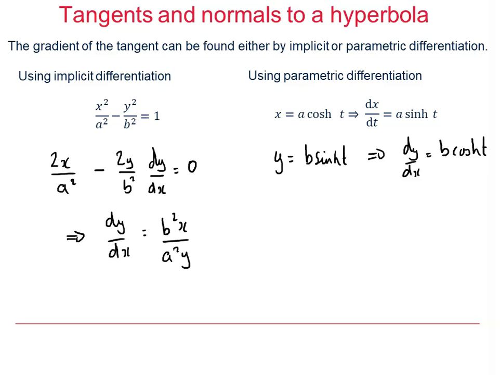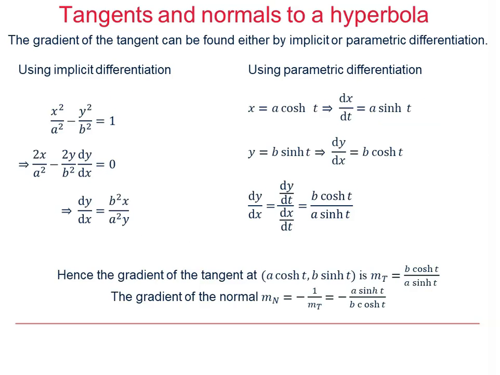Then dividing these to give dy by dx, we get b cos t divided by a sin t. So this gives us the gradient of the tangent, and -1 over that will give us the gradient of the normal.